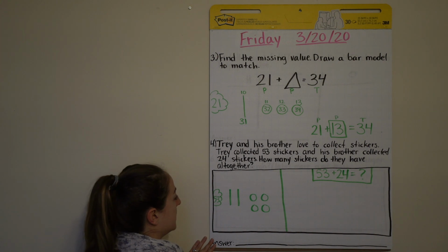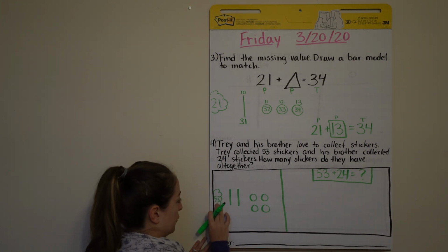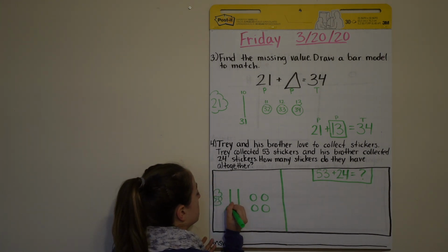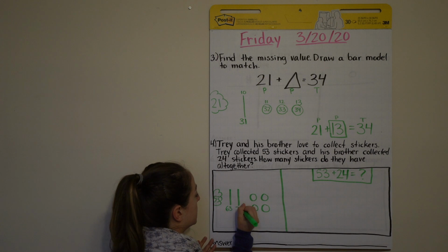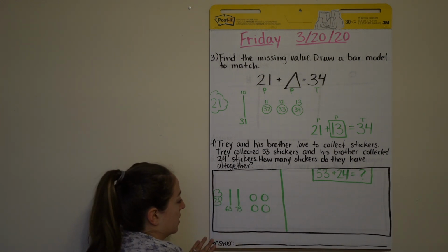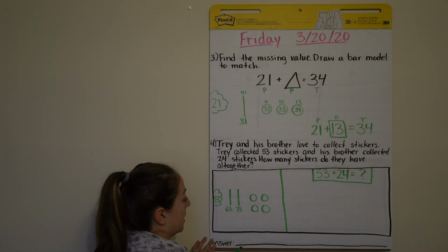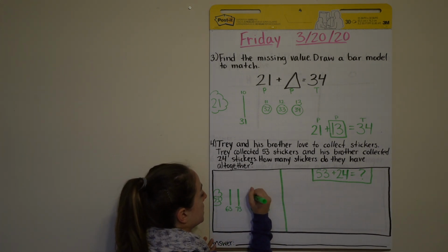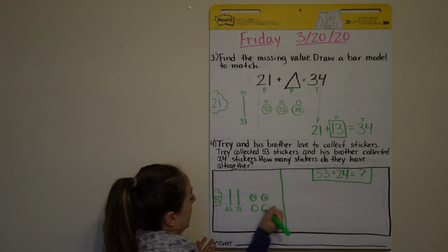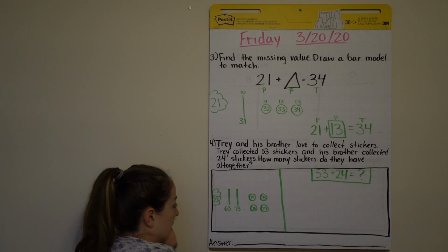Okay, I'm going to make sure that I count by tens starting at 53. So 53, 63, 73. Now I'm counting by 1s. The 1s place is going to change. The 10s stay the same. So 73, 74, 75, 76, 77.